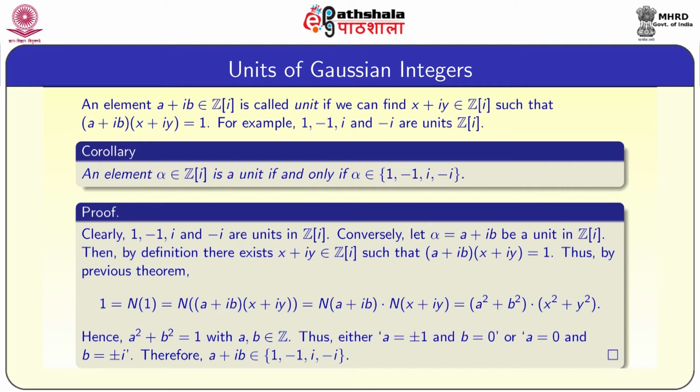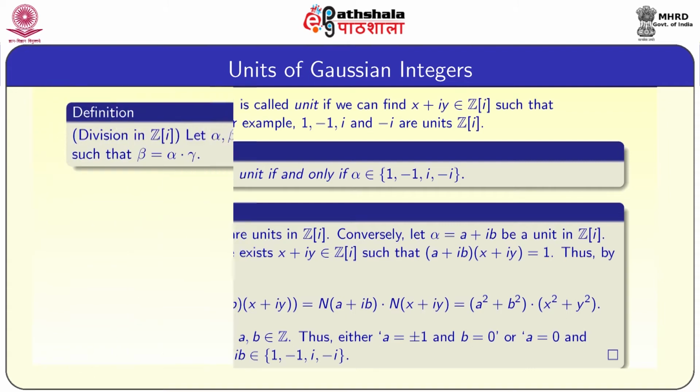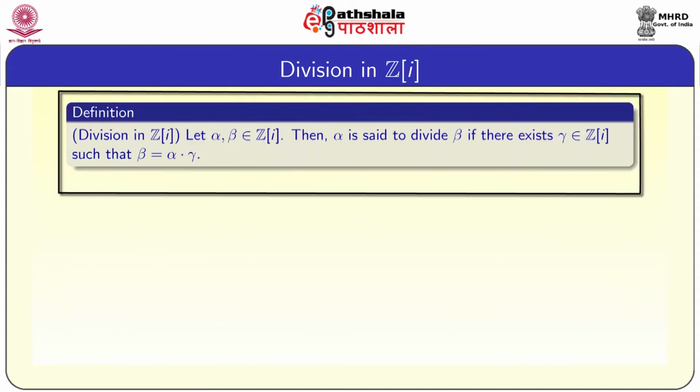Thus, we have choices like a equal to plus or minus 1 and b equal to 0, or a equal to 0 and b equal to plus or minus 1. So, the possible choices for a plus ib belong to {1, minus 1, i, minus i}. What we proved is that the only units of Gaussian integers are 1, minus 1, i and minus i. Now, we look at the division in Gaussian integers.